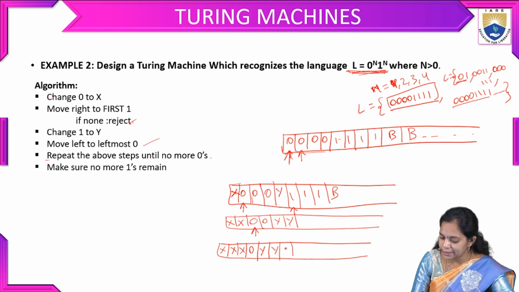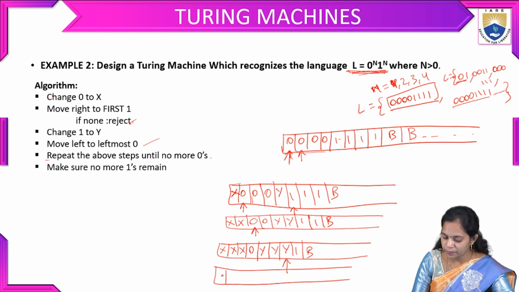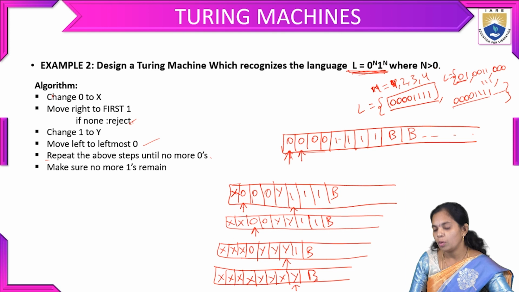So rightmost 1 is here and we have to replace it with Y. And again we have to move to the leftmost 0 and here leftmost 0 is replaced with X, and after this one we have to move to rightmost 1. So this 1 is also replaced with Y. And here finally we reached the blank symbol.